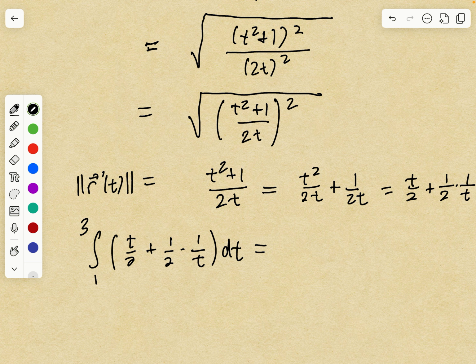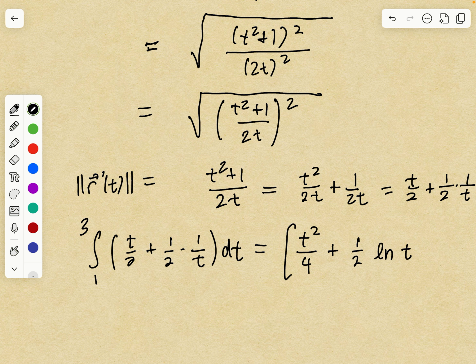The integral of t over 2 is what? It's 1/2 t, so I have a t squared, divided by 2, so I get t squared over 4, and then plus 1/2 times the natural log of t. Technically it's the absolute value of t, but since t is positive, the absolute value doesn't change anything.